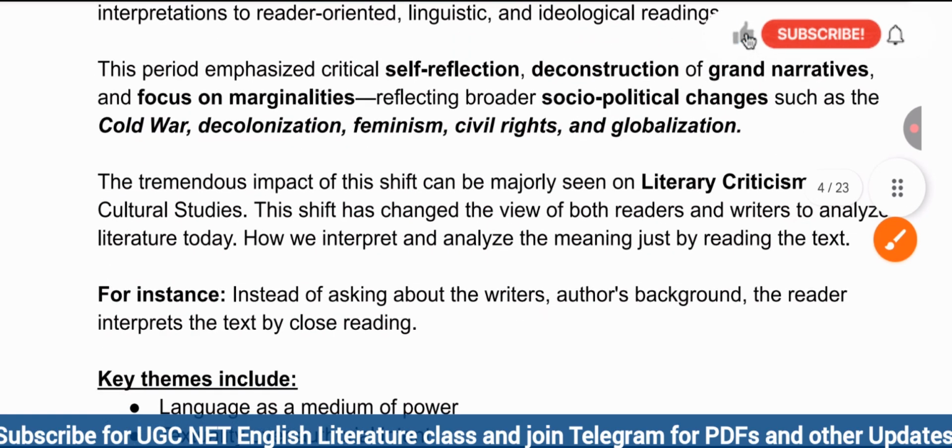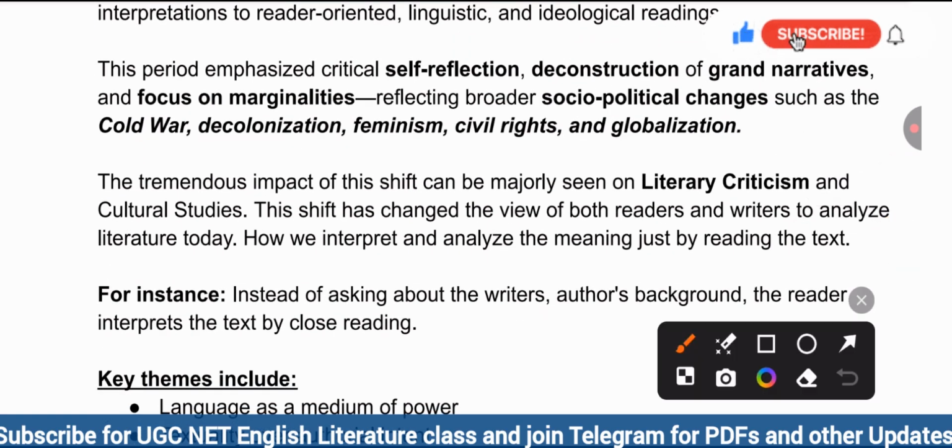The tremendous impact of this shift can be seen majorly on literary criticism. After getting all this, the critics used them extensively to interpret a text, to analyze a writer's background, writer's text. So that is why it is mentioned here, and cultural studies also.